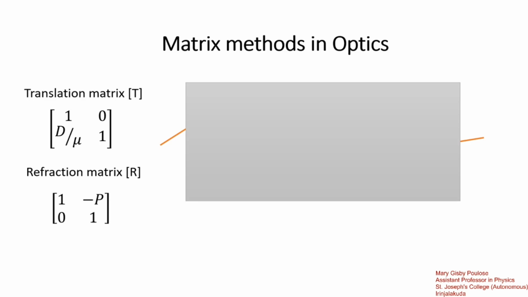First, I see an incident ray falling on the black box. I call it black because I don't know what is happening. So I see light incident upon a black box, and it produces some effect upon the incident ray, and we call the black box the system matrix. The system matrix performs some operation upon the incident ray to produce the emergent ray.